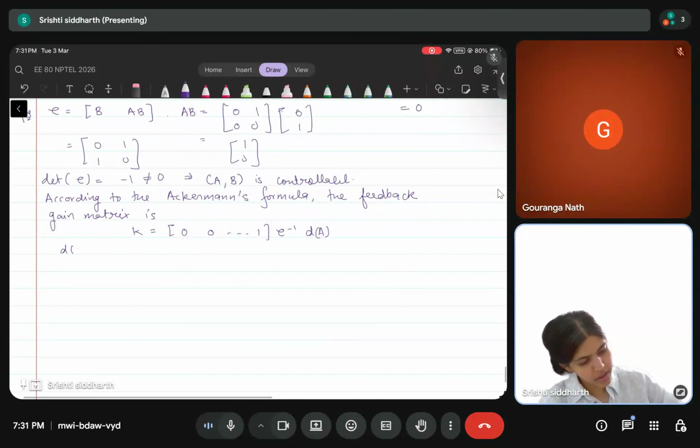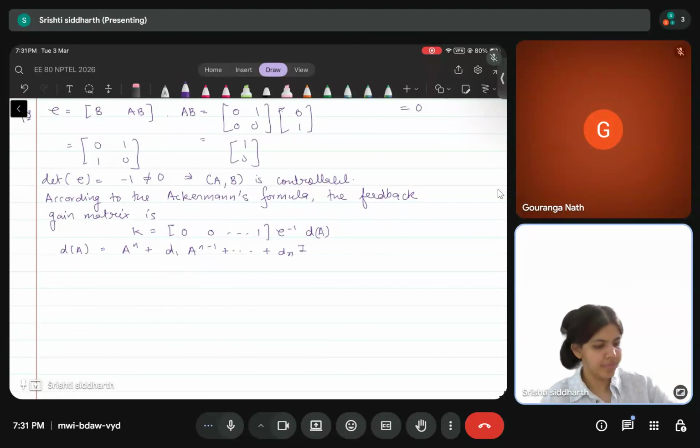So D(A) is A to the power n plus, let's say, d1 A to the power n minus 1 and so on. These are the coefficients of the characteristic polynomial.